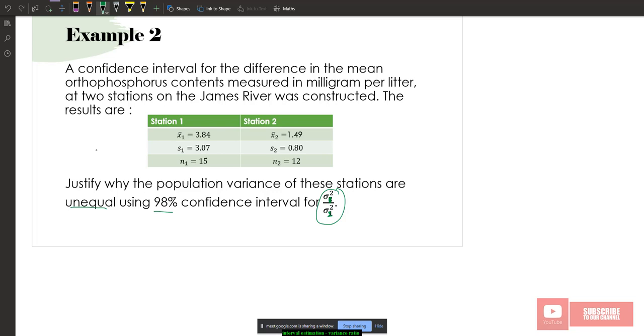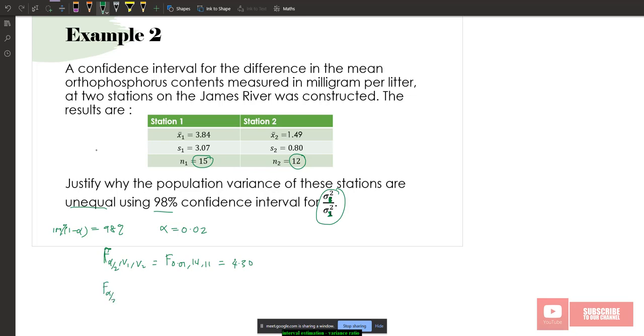So first, 100% times 1 minus alpha is equal to 98%, right? So our alpha is 0.02, right? So F alpha divided by 2, V1, V2 is F 0.01, V1 is 14 and V2 is 11. So this one should be equal to 4.30.